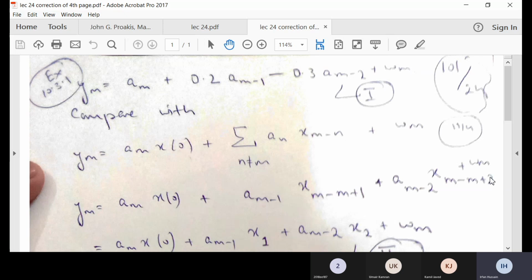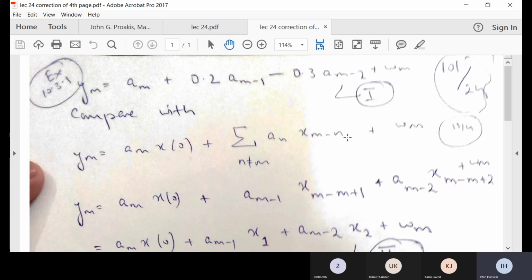Now how can I open up these terms? So I know definitely this is A_{m-1}, but A_{m-1} means n is equal to m minus 1. So n is equal to m minus 1 means it becomes m minus m plus 1, and hence this will become x_{m-m+1}. Similarly, A_{m-2} means n is equal to m minus 2.